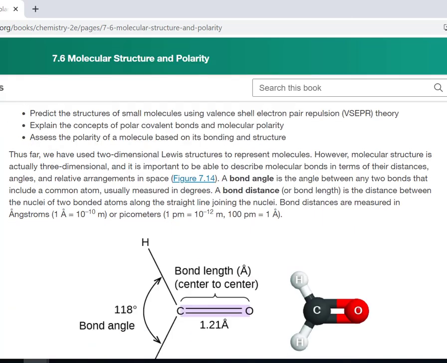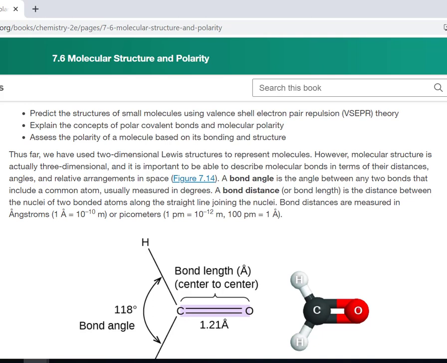So as we've talked about molecules, we have used the Lewis structure notation, and your book is talking about this as a two-dimensional representation. The Lewis structure itself is not meant to be showing a shape or anything of that nature.